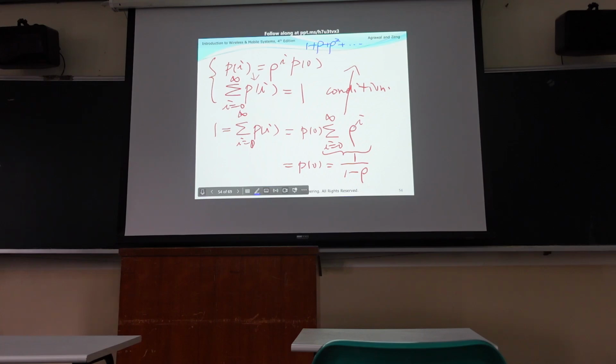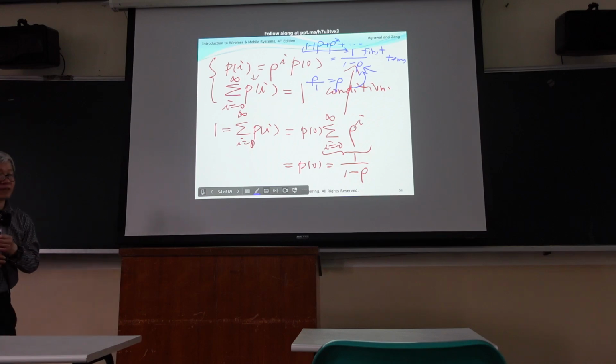Right? It is a geometric series. So geometric series, this is the form. 1 minus this, and the first term. So first term here, and this is the ratio. Rho over 1 is rho.